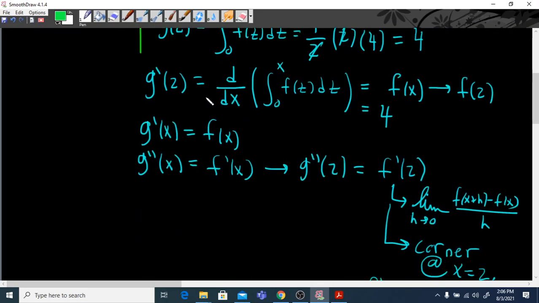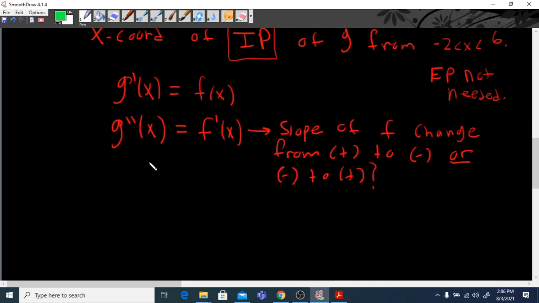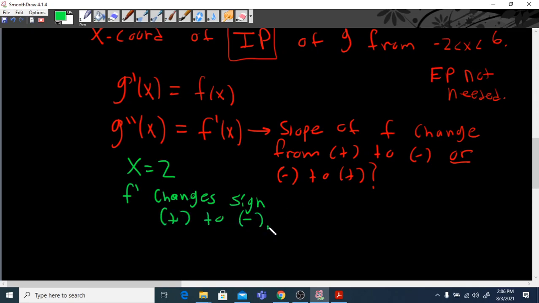Okay, so at x equals 2, f prime changes sign, specifically positive to negative. Okay, so therefore g double prime, or I'm sorry, x equals 2 is an inflection point. That's what I meant to say there.